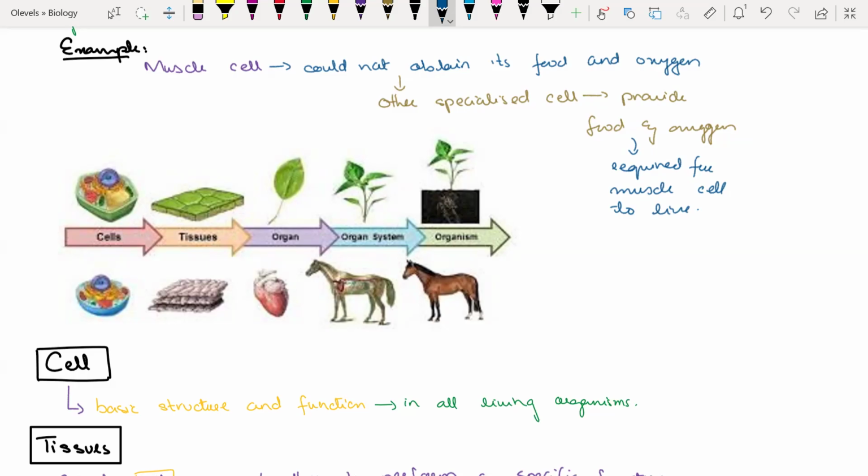For example, the tissues contributing to the function of the heart form the cardiac organ. And then they go on to several other systems. In humans or animals, for example, the circulatory system, nervous system, and digestive system all work together to make up an organism.